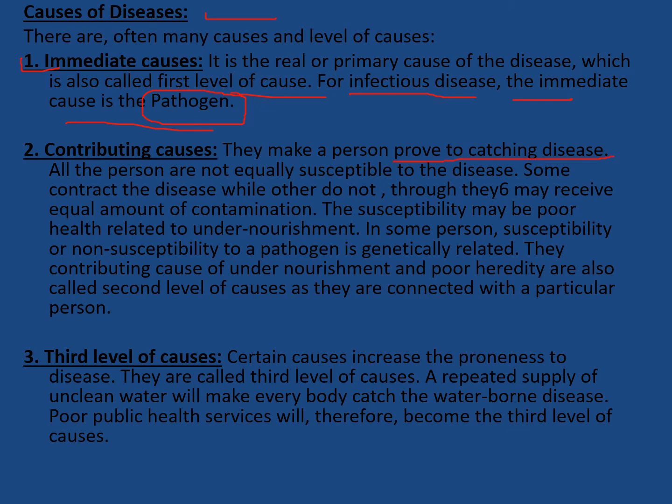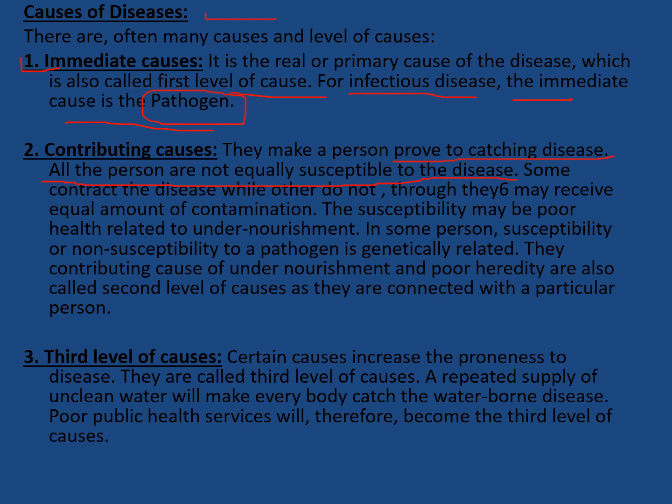In this second level, it shows the symptoms. After catching the disease, it shows the symptoms, okay. And here, we can also divide it into susceptible and non-susceptible. Now look here, all the persons are not equally susceptible to the disease.